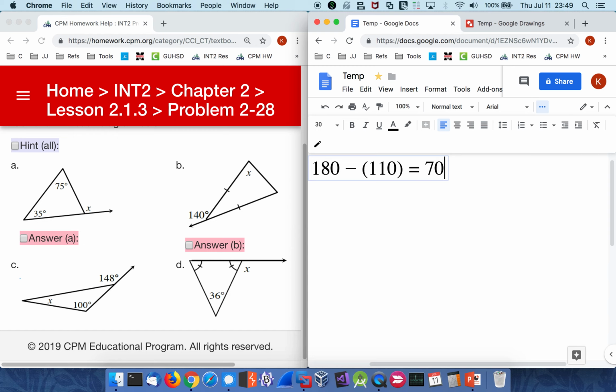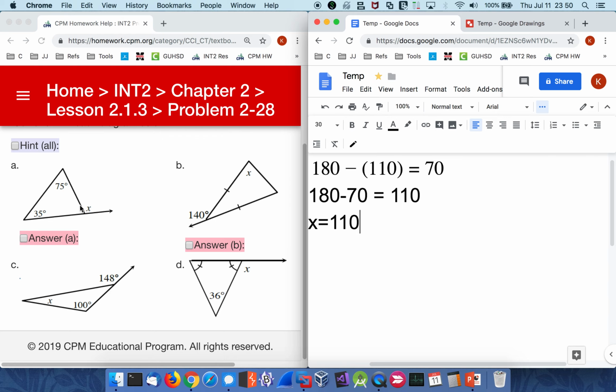Is that right? Yeah. Okay. And so then, if we take 180 and subtract 70, we know we're going to get 110. So 180 minus 70 equals 110. So x equals 110.